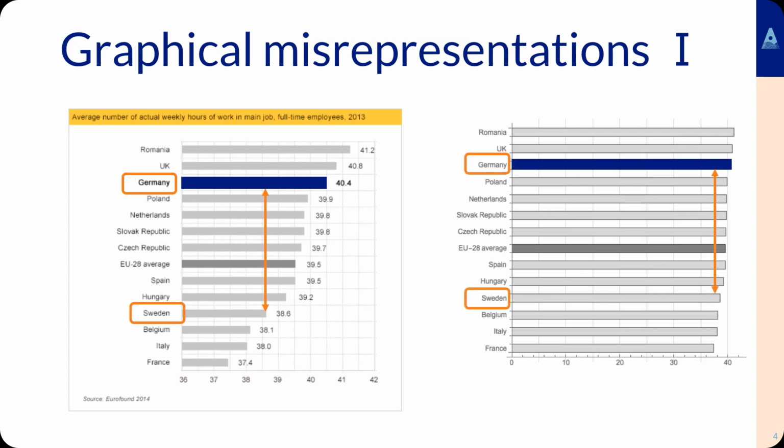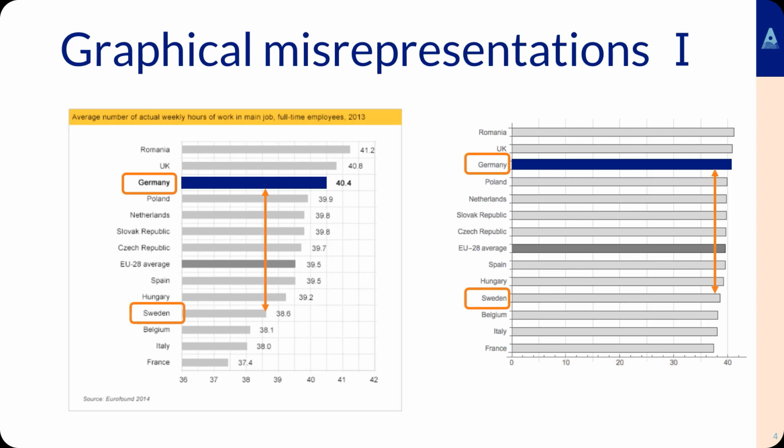Take a look at the same data. Here we have the same data, but in this instance the axis for the chart, the counts, has been reset. The base has been reset to 0. And when you look at that, you can see there's much less of a difference between the countries, and the difference in the column between Germany and Sweden is not as great.